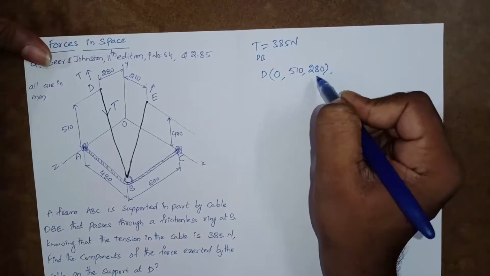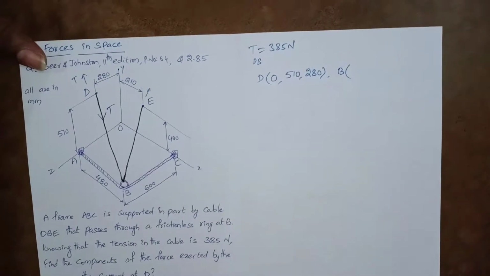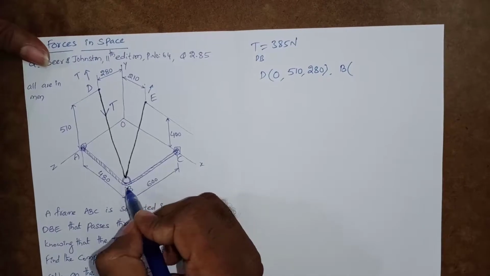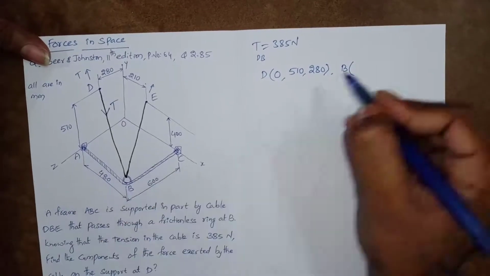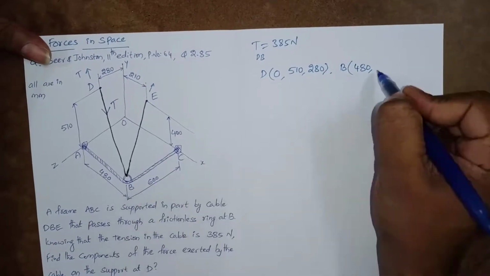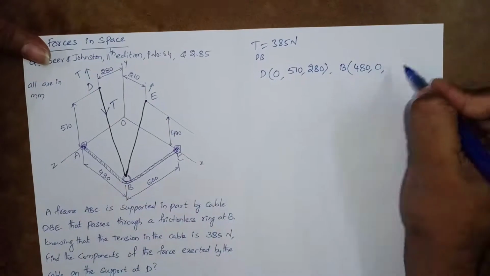This is the point D. Similarly, for B, the x coordinate, from here to here, is 480, the y coordinate is 0, and the z coordinate is 600.